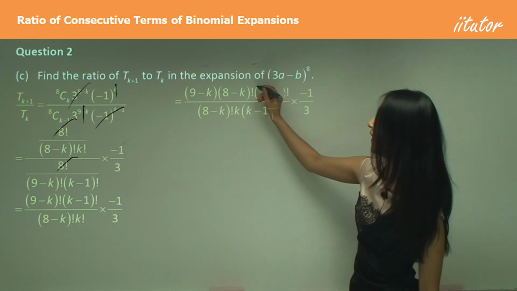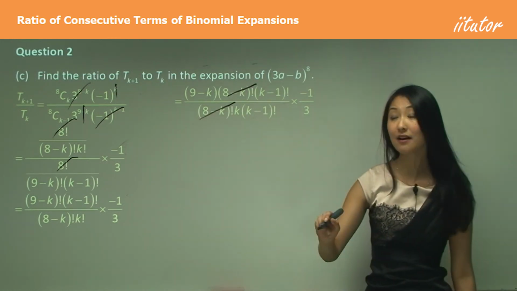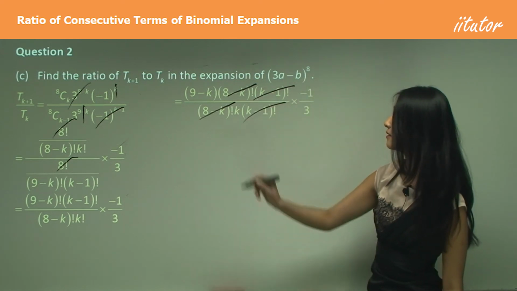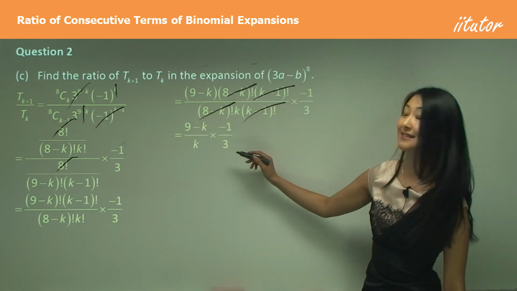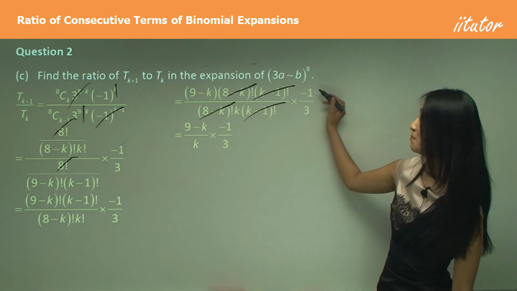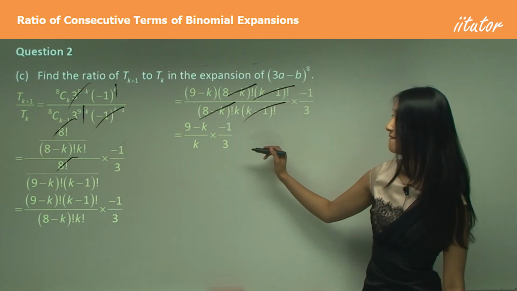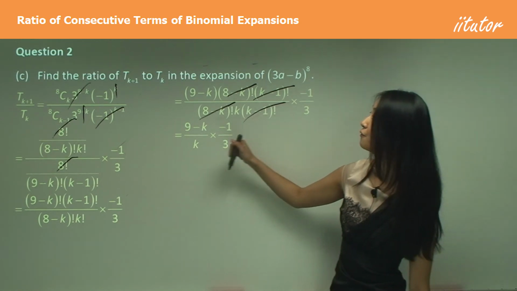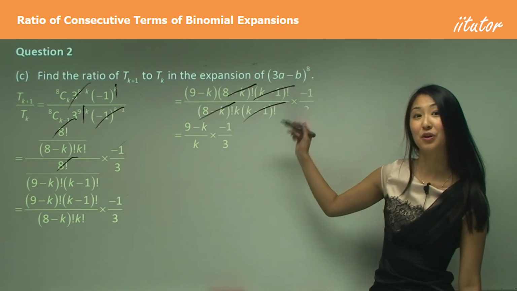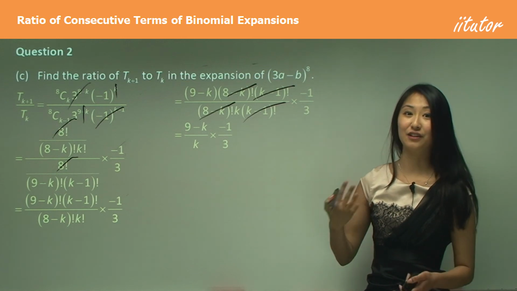Yeah, and once you've done that, you can cancel those out and that out. So you get left with (9 minus k) on k times minus 1 on 3 there. So once you have that, you've found the ratio for this expansion, which we're going to use later to find the greatest coefficient.